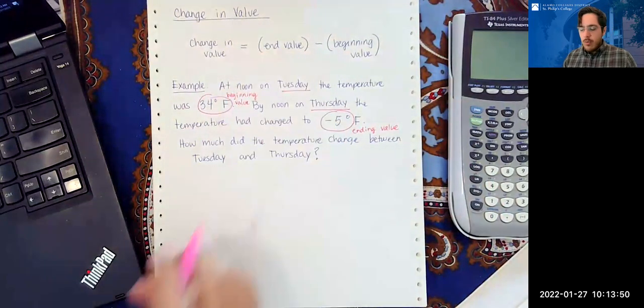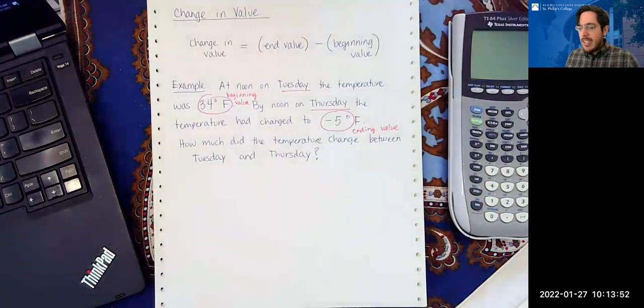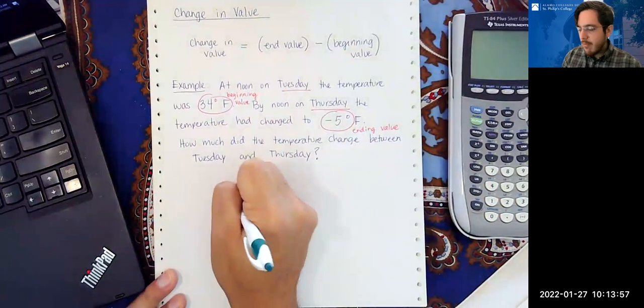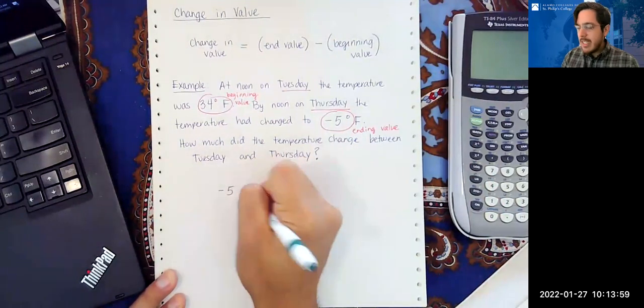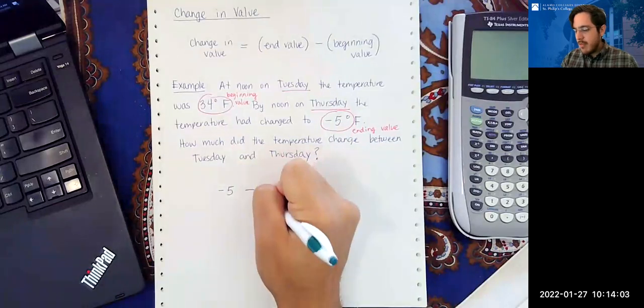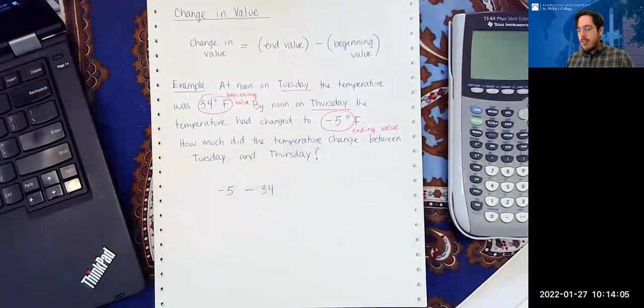Okay. So when we write this down, we need to write it down as the ending value, which is -5, minus the beginning value, which was 34. So we need to calculate this in order to get our change in the value.